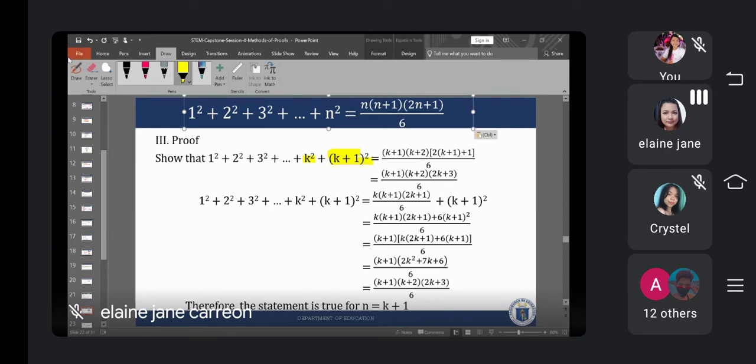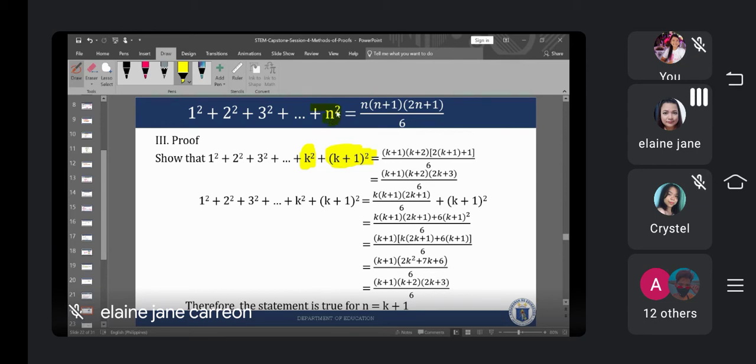Okay, so, this is our n square. Okay, n square, papalitan natin siya ng, idadagdag natin dun sa stage 2. Kaya siya naging k. N is equal to k. Okay? Tapos, dito sa stage 3, dinagdag pa natin si k plus 1. Kaya siya naging k plus 1 square. Kasi n square ito.